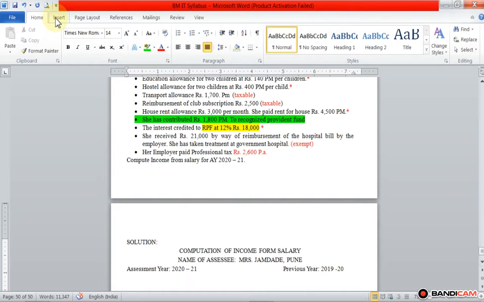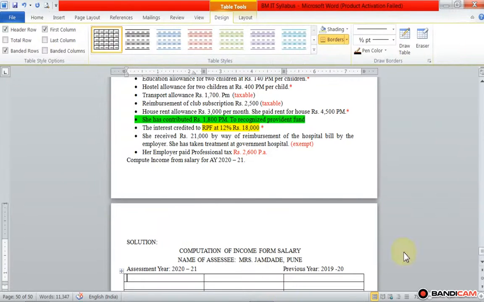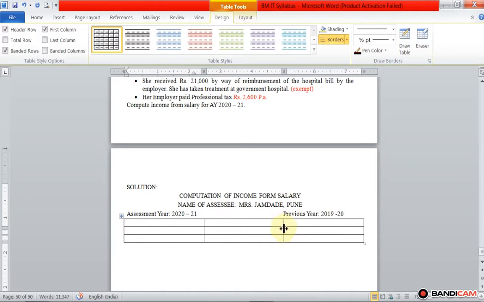Prepare three columns: particulars and rupees.